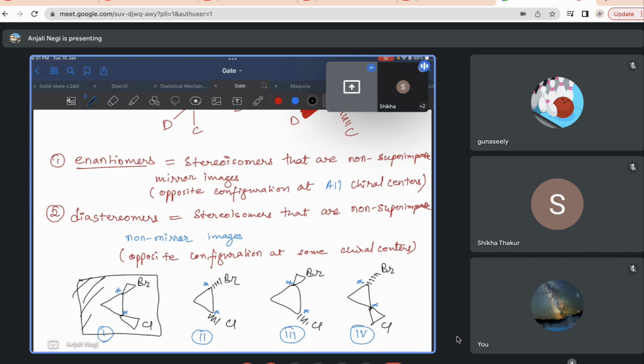So the mirror image of this one will be molecule 2. So 1 and 2 are mirror images of each other, and if I put this molecule over the second one, they will be non-superimposable. That's why they are enantiomers.